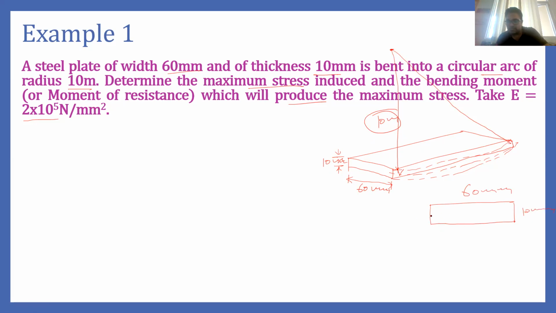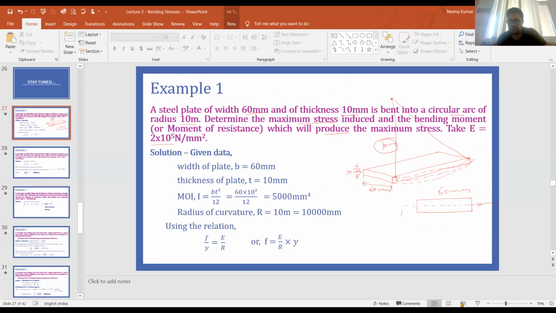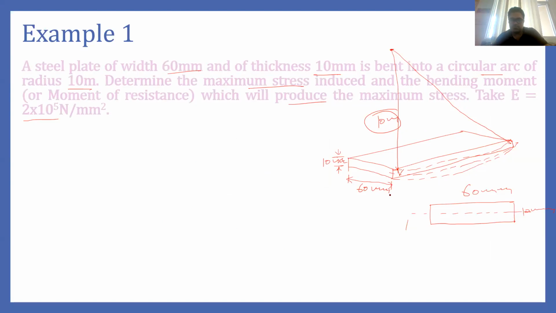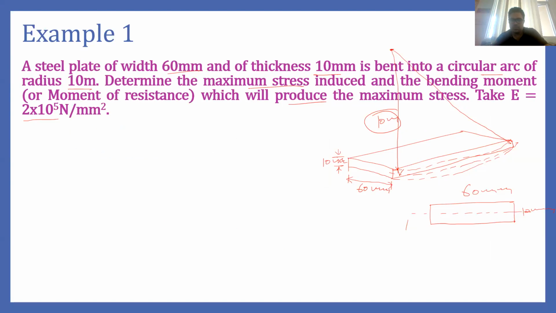And the neutral axis, because it is rectangular in section, the neutral axis will pass through the centroid of the rectangle. So here the neutral axis is there, and yes, so this is the neutral axis. Now we have made the diagram.